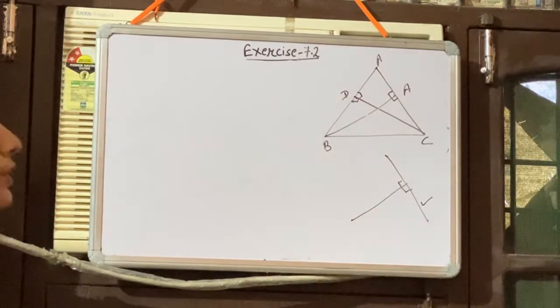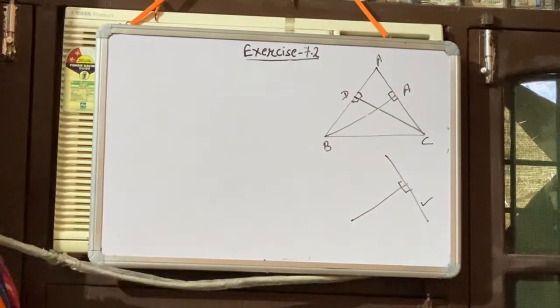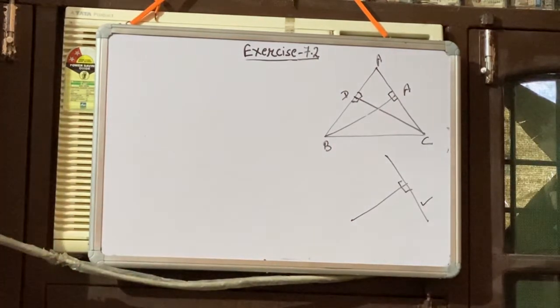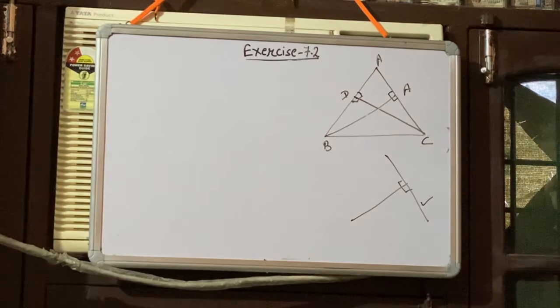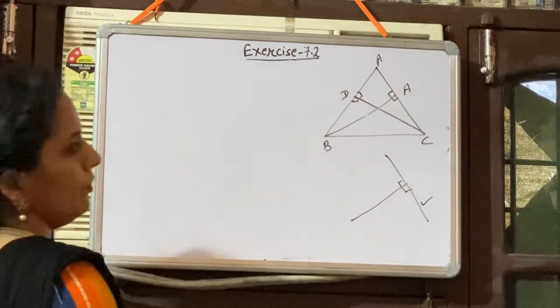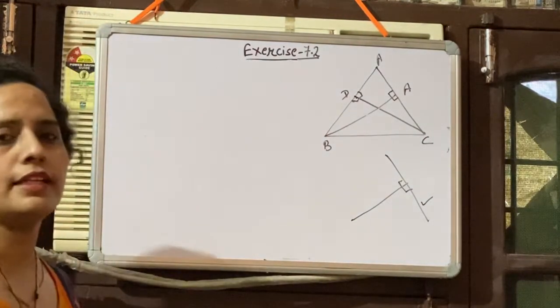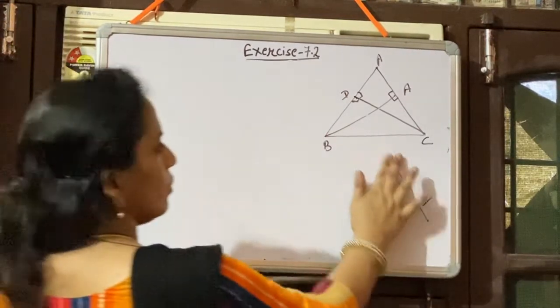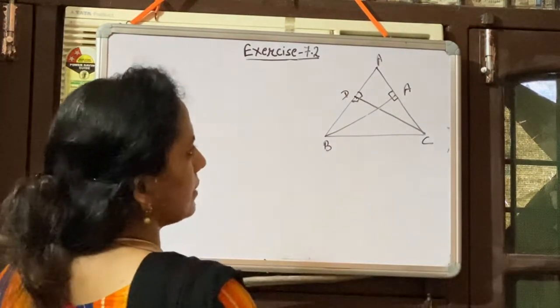In this question we have to show these two altitudes are equal. So first of all, find the triangles in which these two altitudes are included. Here we have many triangles, but we have to choose two triangles in which these two altitudes are included. So we can choose two triangles.